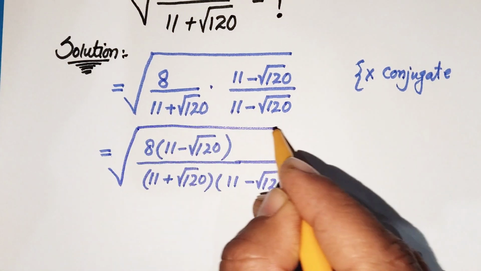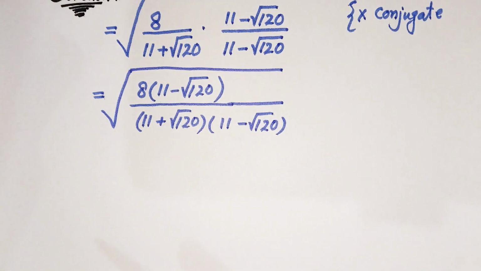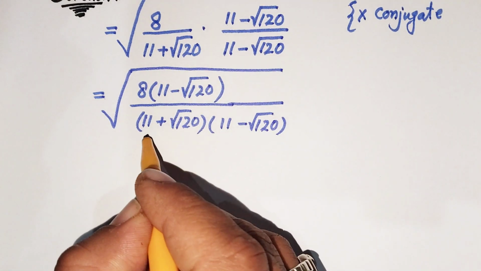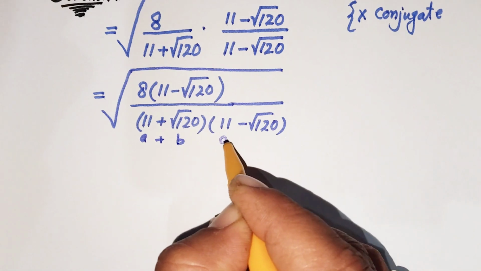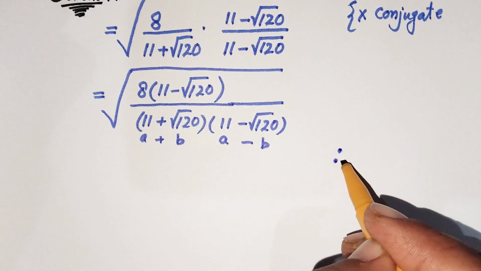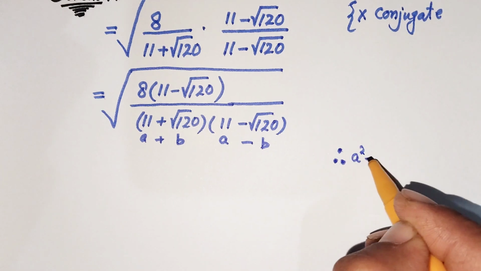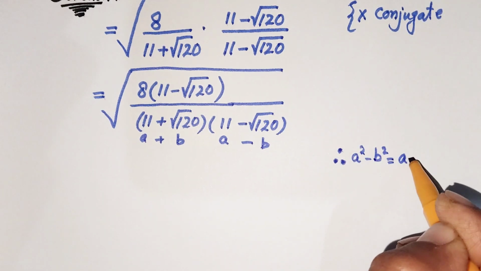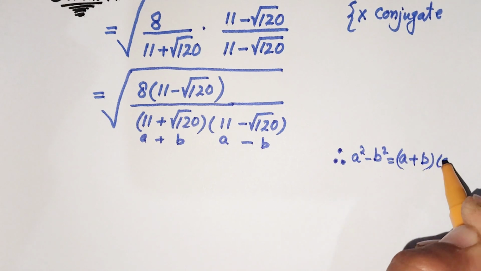Now in the denominator, it is a plus b and similarly a minus b, so we write by the algebraic identity that a square minus b square is equal to a plus b times a minus b.